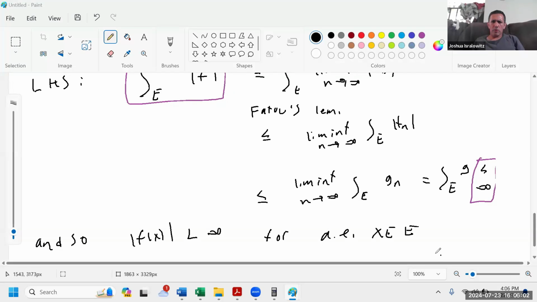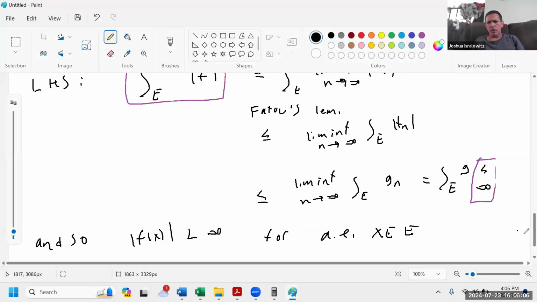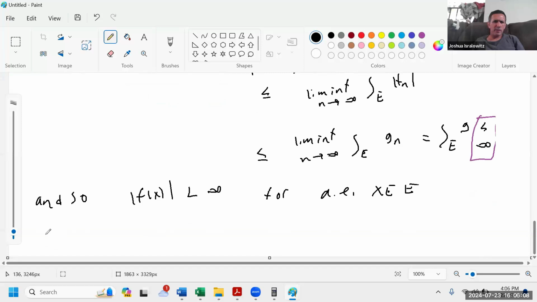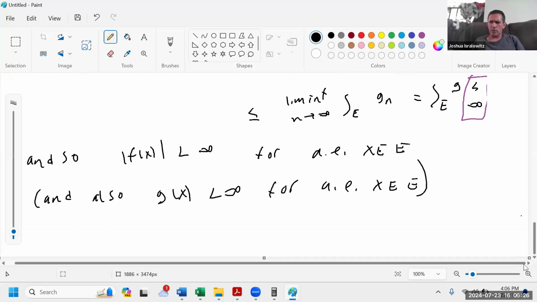Well, G is integrable because the problem is telling you G is integrable right here. So also G. All right, so where is this going?